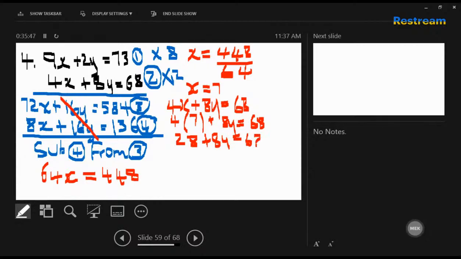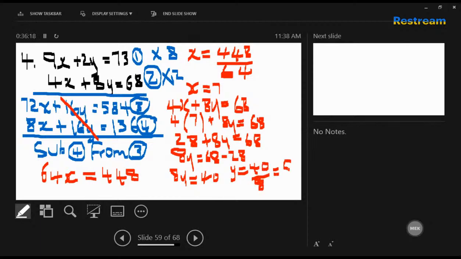So then 8y would be equal to 68 minus 28, which is 40. So 8y is equal to 40. Therefore, y would be equal to 40 divided by 8, which is 5.